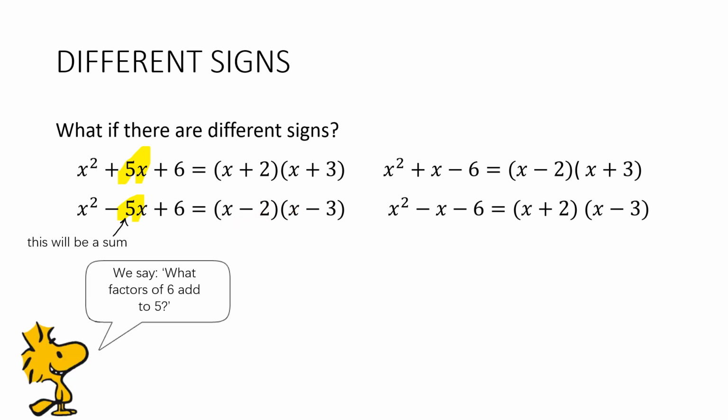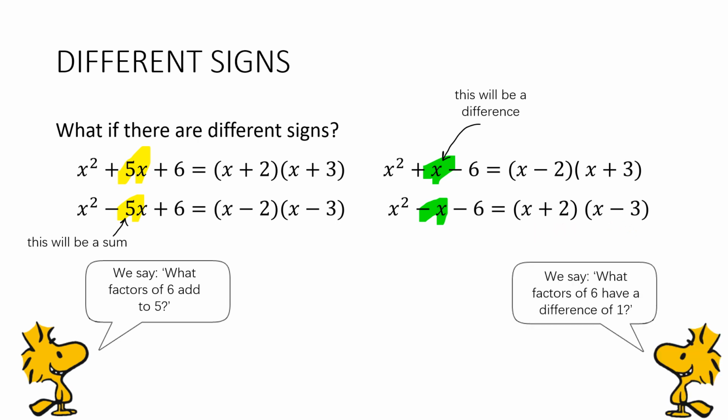So I'm going to say what factors of 6 add to 5, even if they're adding in a negative direction. But over here, this is going to be a difference because the signs are different. I've got 3x take away 2x or negative 3x plus 2x. So I'm going to say what factors of 6 have a difference of 1.